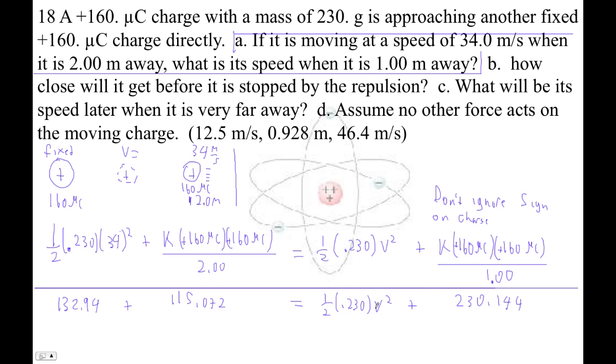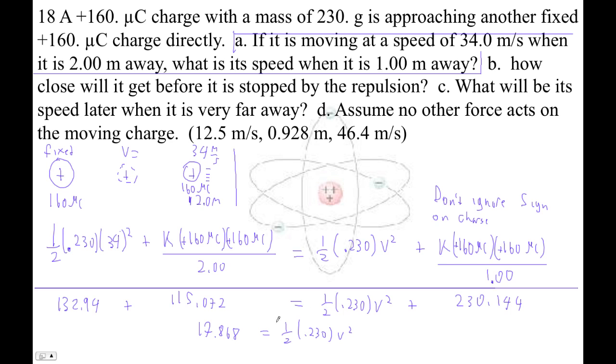Now we can solve for what this velocity is. It's going to be this guy plus this guy minus this guy. I've got 17.868 equals 1/2 times 0.230 v squared.